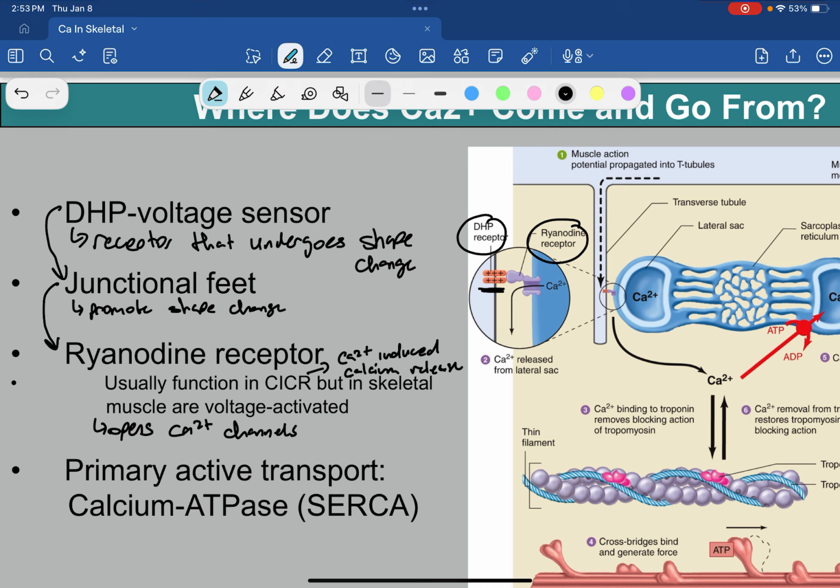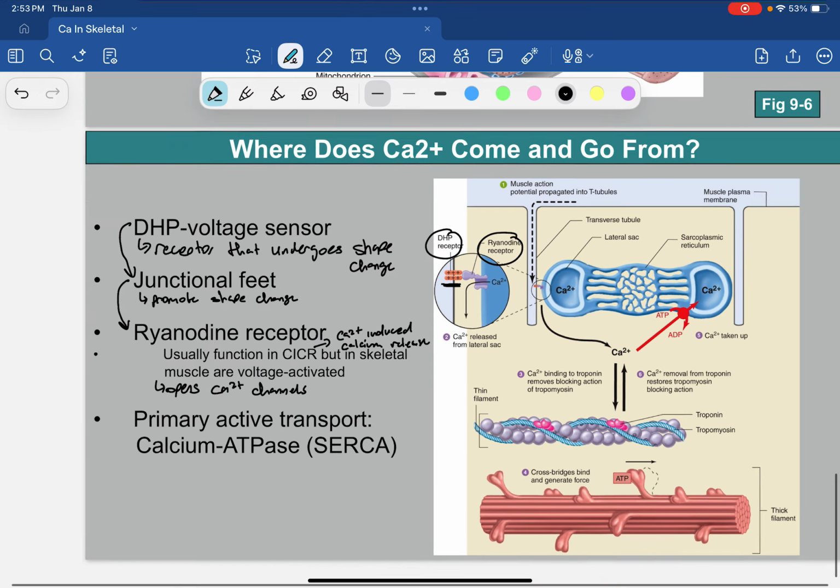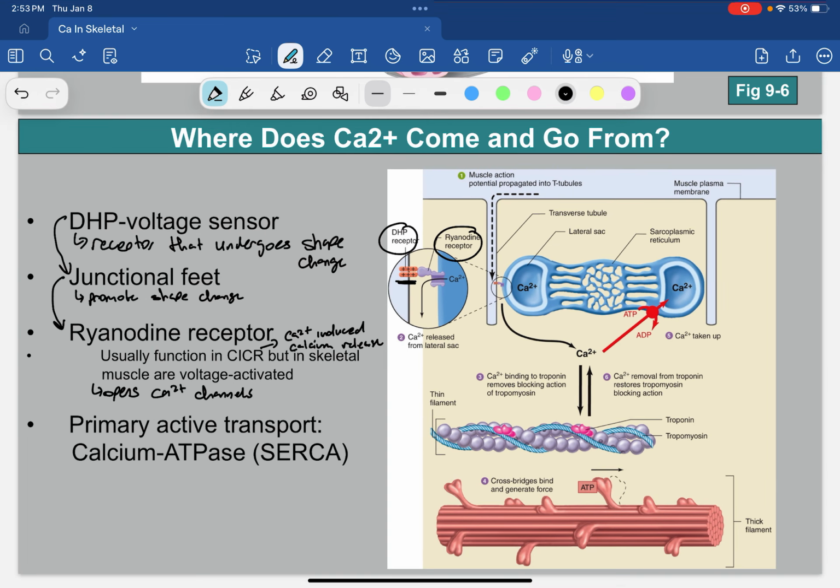But for this, just know that the DHP voltage sensor acts on those junctional feet, which act on those ryanodine receptors to allow that calcium to come out of the sarcoplasmic reticulum.